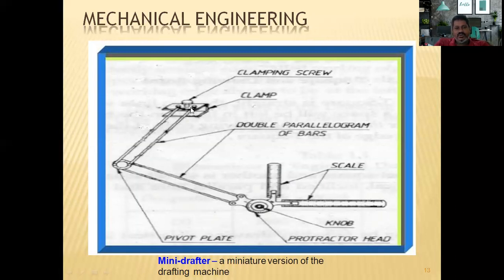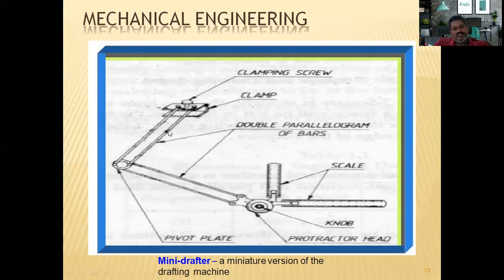This is going to fit at the top left corner of the drawing board, exactly at this location. Assume that this blue colored border is the board. Then exactly at the top left corner, this mini drafter clamp will be fixed.